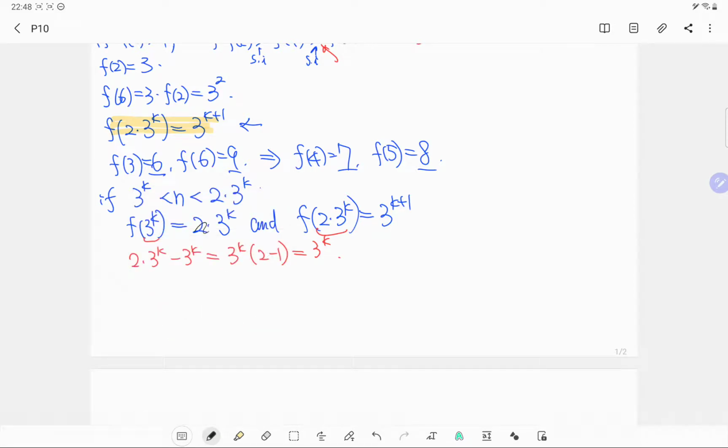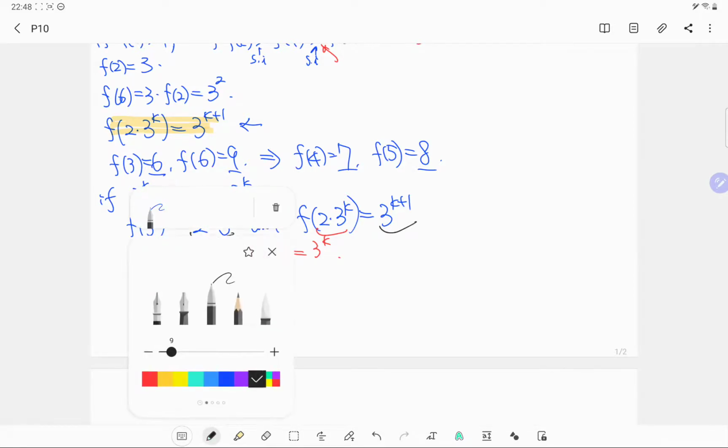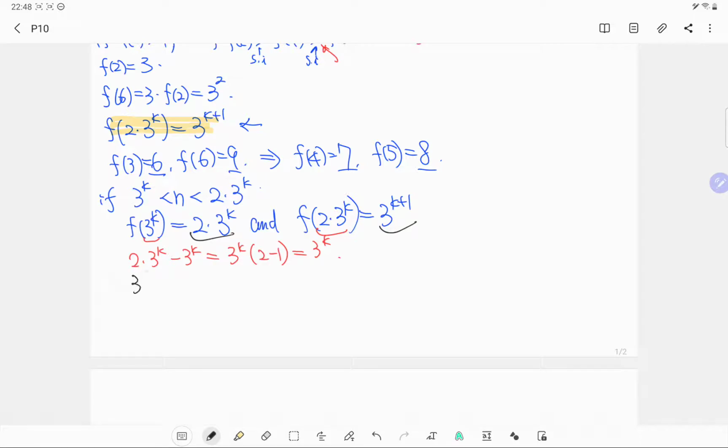Also, we can subtract these two numbers so that we will have 3 to the k plus 1 power minus 2 times 3 to the k power, which means it should be like 3 to the k power multiplied by 3 minus 2. And this is actually 3 to the k power, which means that the difference is 3 to the k power.